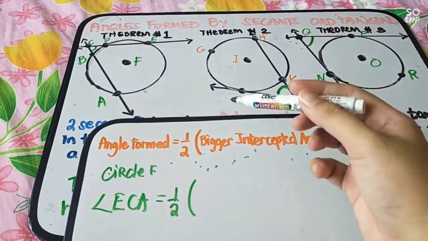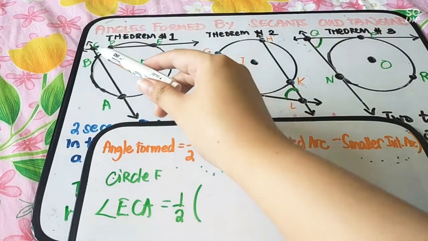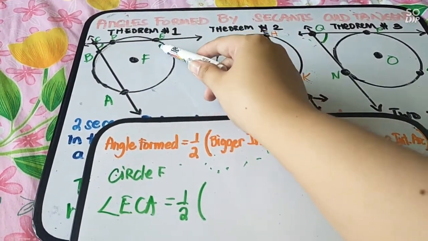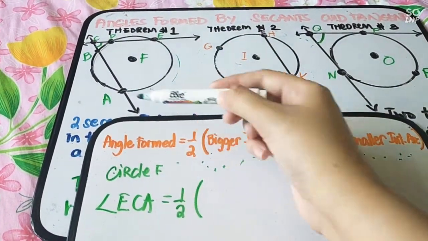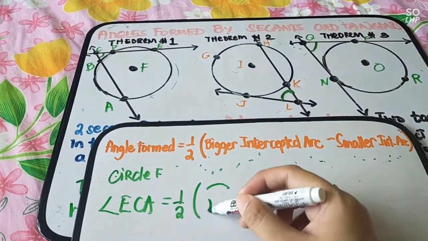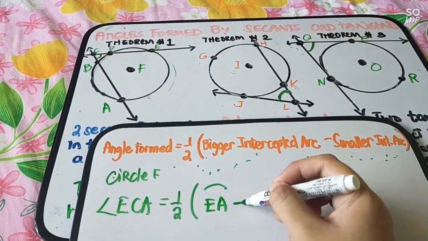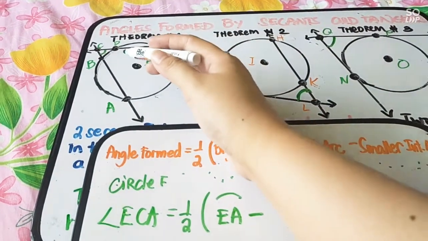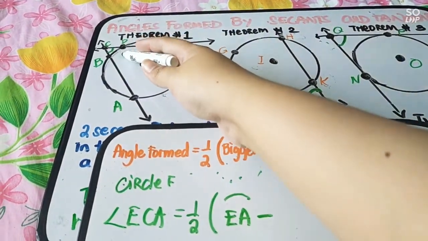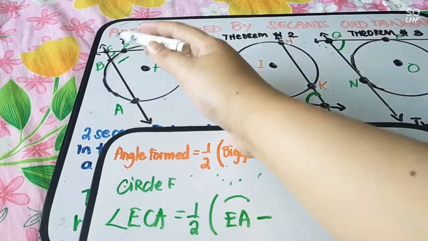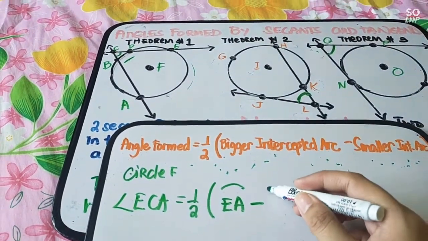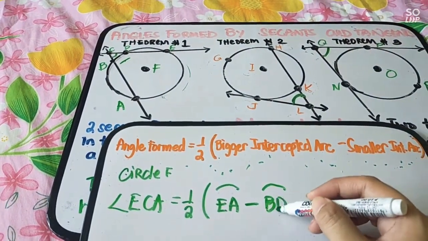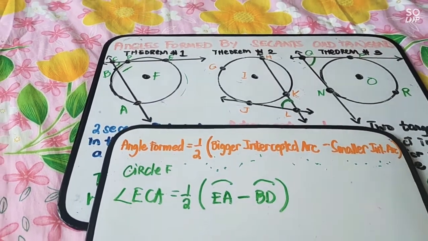What is the bigger intercepted arc inside your angle? This is it. So, arc EA. Arc EA. Subtract the smaller intercepted arc, the smaller arc formed inside the angle, that is that arc. We have arc BD. Arc BD. So, that's your formula.